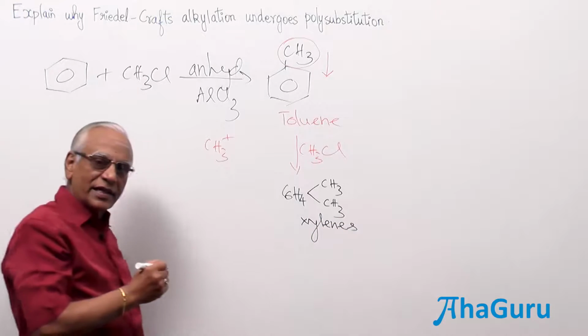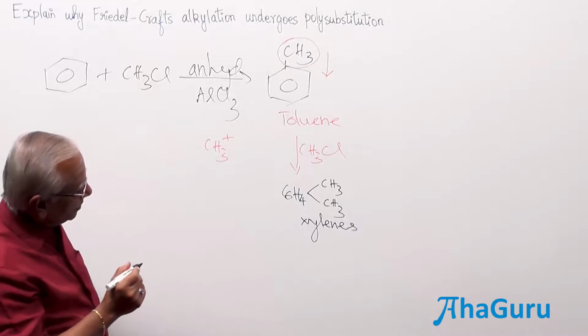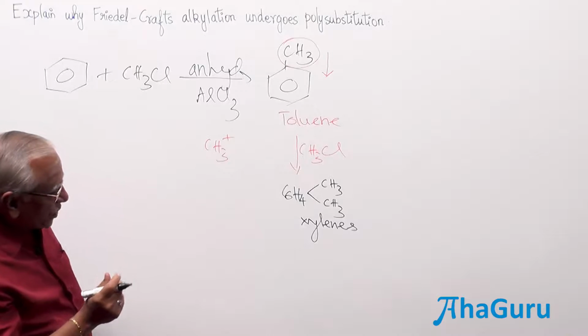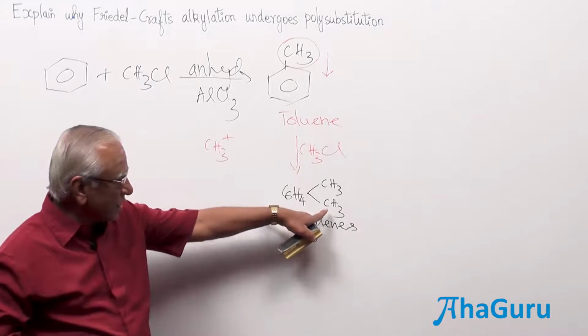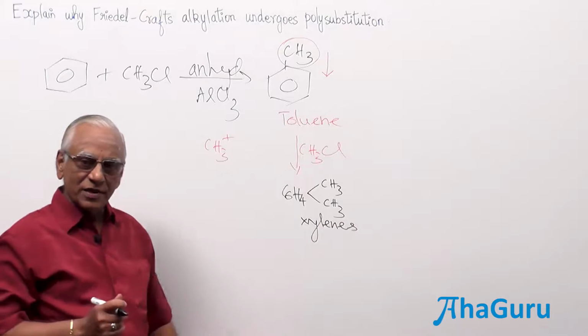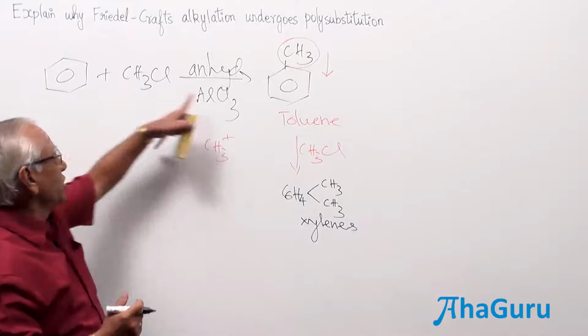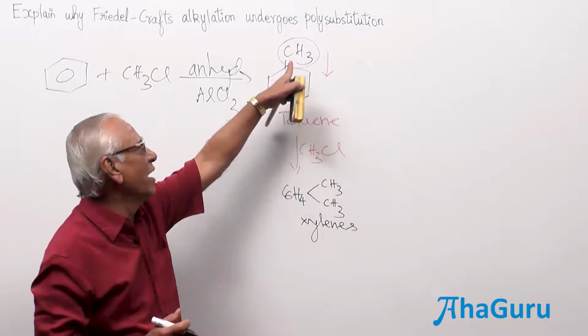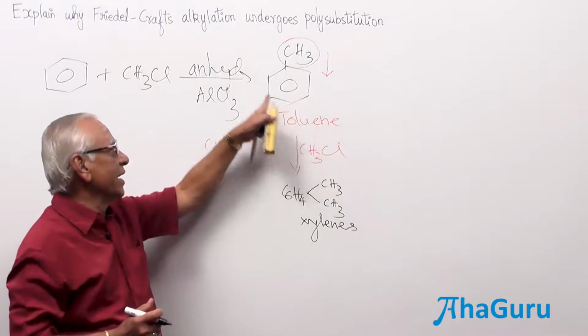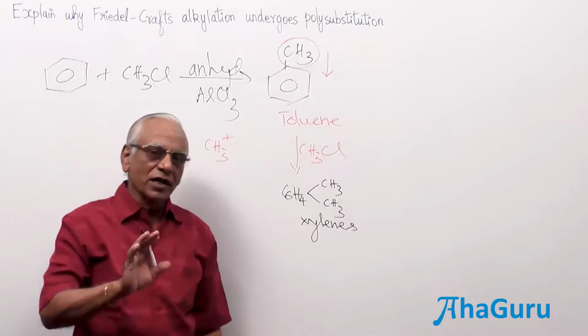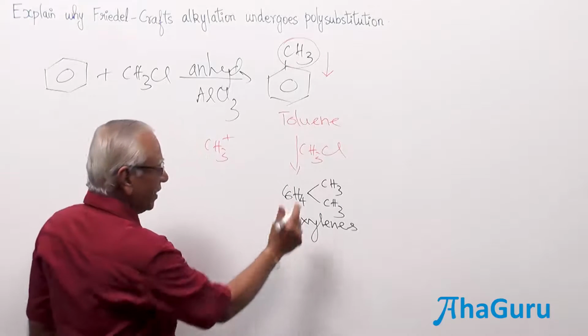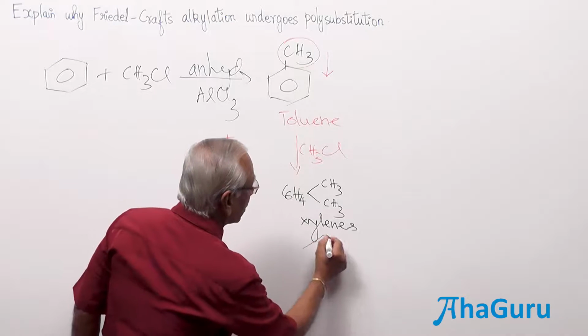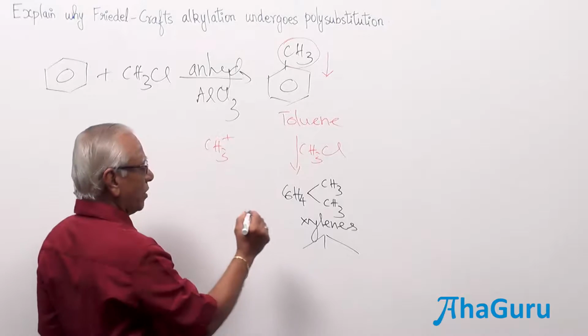Now, let me ask you one question, my dear students. How many disubstituted products are possible in the case of benzene? In the case of a monosubstituted product, only one. Whether you have the methyl group on any one of the 6 carbon atoms, they are all called toluene or methyl benzene.